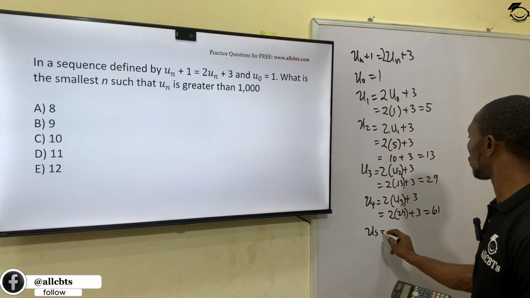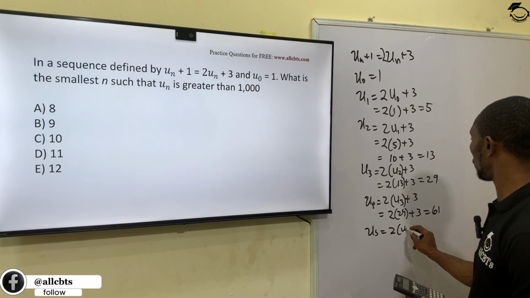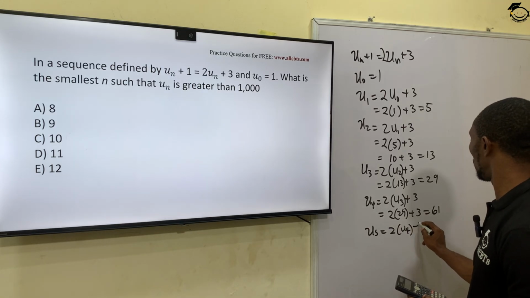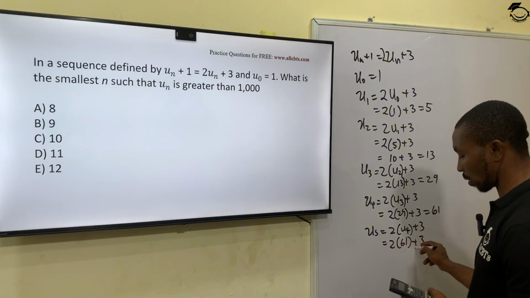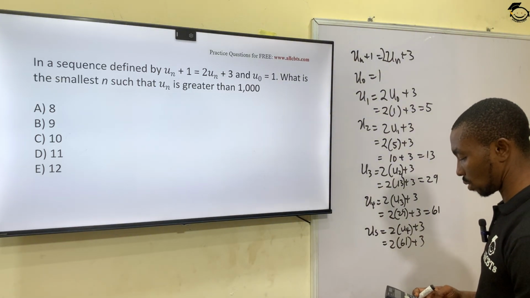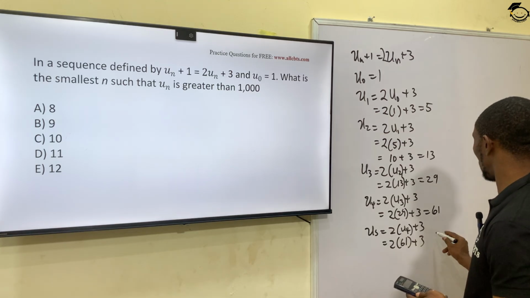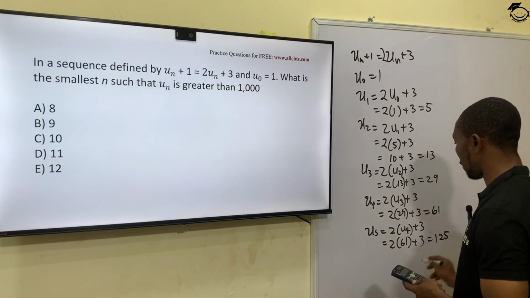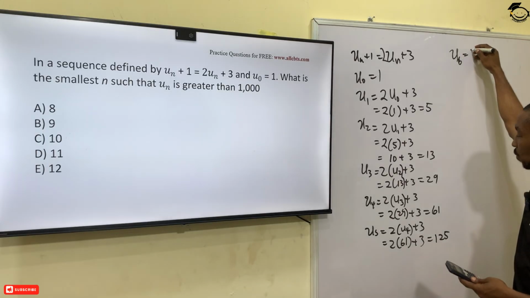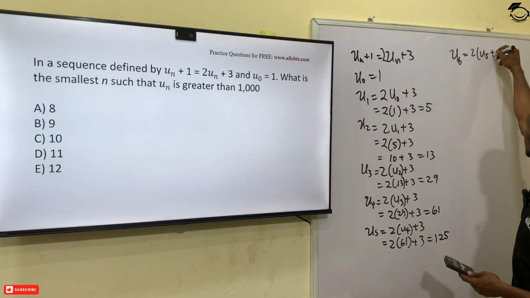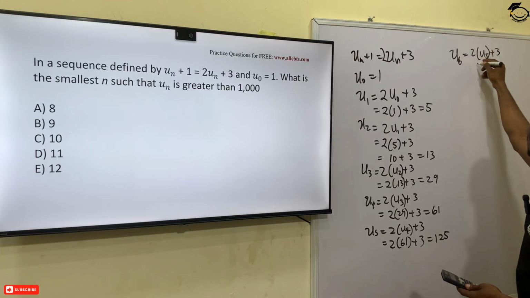Then u5 would be 2 brackets u4 plus 3, which is 2 brackets 61 plus 3, which gives us 125. Then u6 would be 2 brackets u5 plus 3, okay?